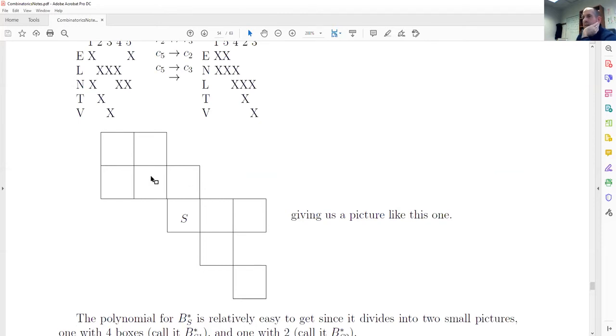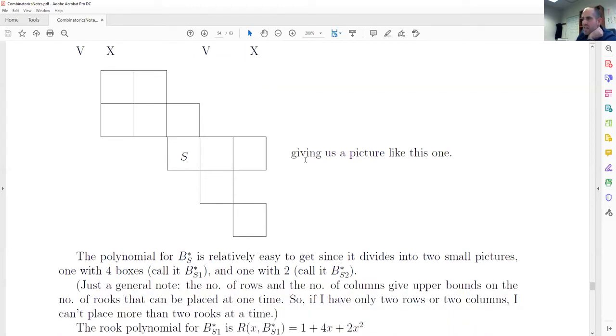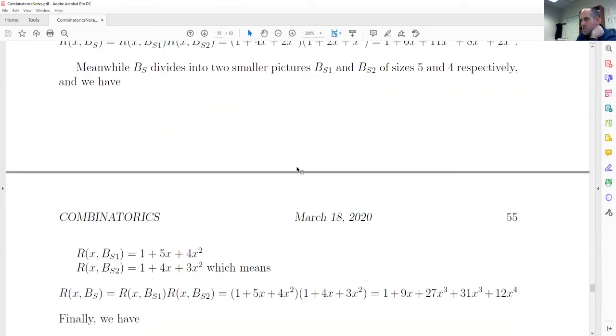And if I place a rook right here in the first row, then there are 1, 2 places I could place a second rook. Okay, so that gives me a total of 4 ways to place 2 rooks on that subboard, which is what it says.